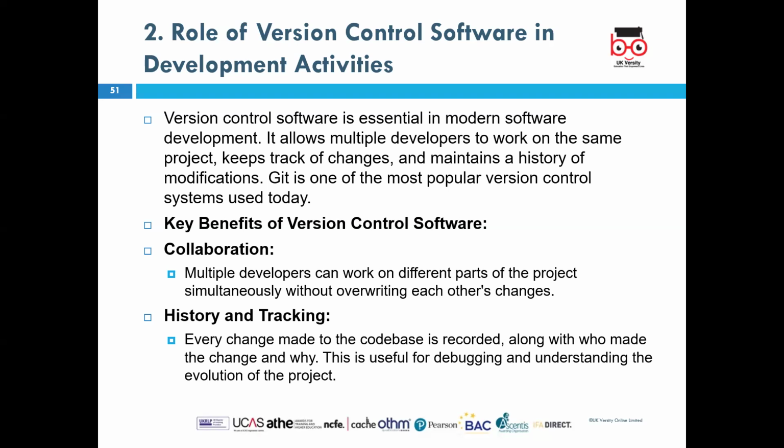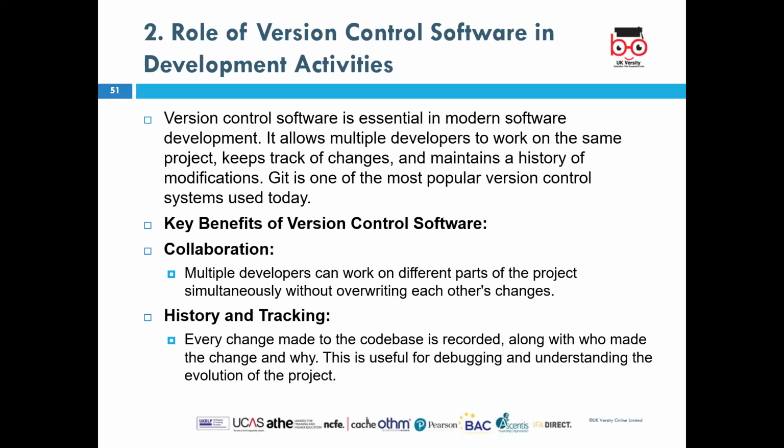This allows multiple developers to work simultaneously on the same project, and you keep track of changes and maintain a history of modifications. As I said, Git is the most popular version control system used nowadays.